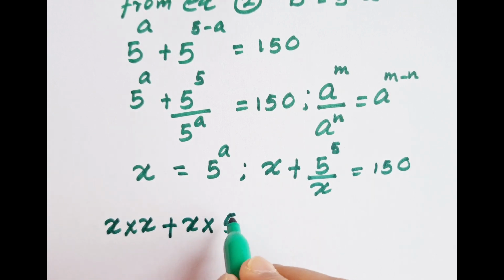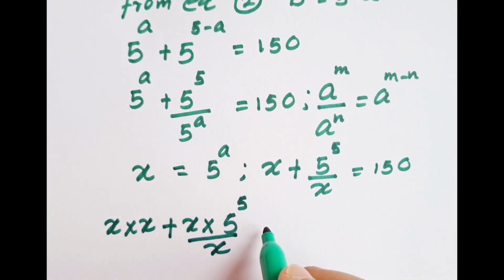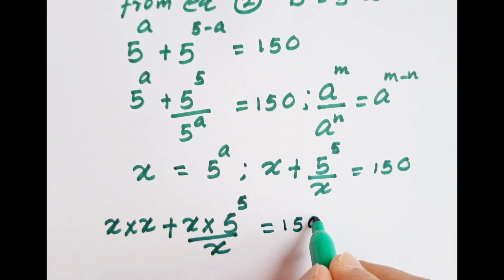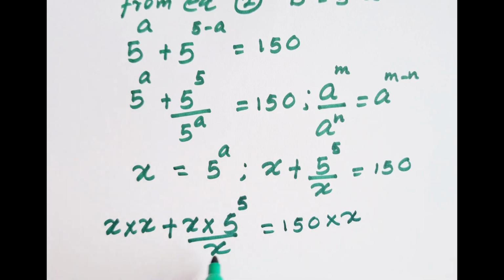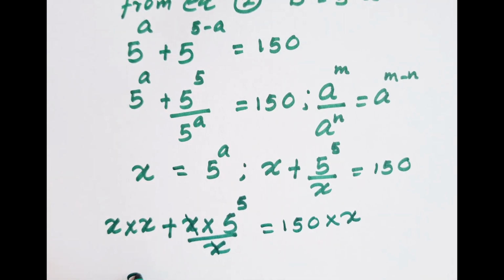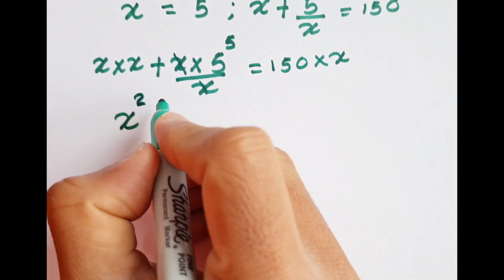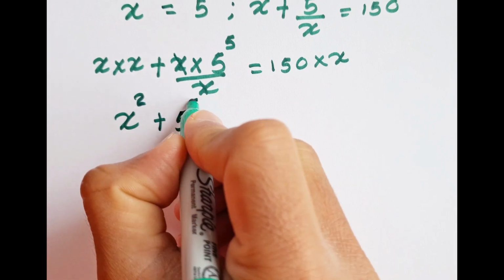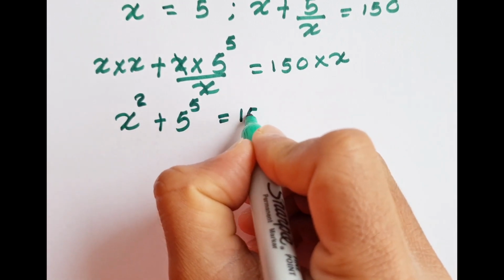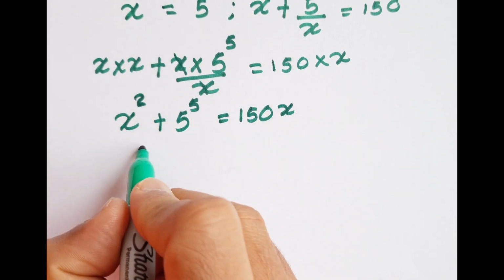Then x times x plus x times 5 to the power 5 divided by x equals 150 times x. Then this x and this x are cancelled. x times x equals x square, plus 5 to the power 5 equals 150 times x.